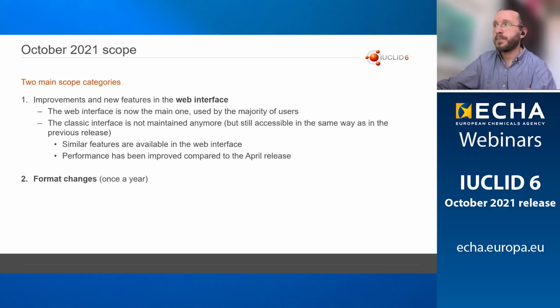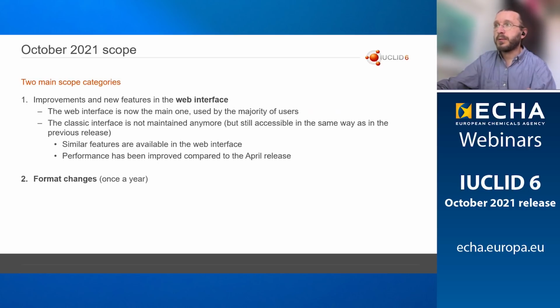So if you still need to use, for whatever reason, the classic interface, please go to the Euclid website and follow the instructions to get access. But please, at the same time, tell us why you still need to use the classic interface, because we want to maintain and continue to maintain only one interface in the future.